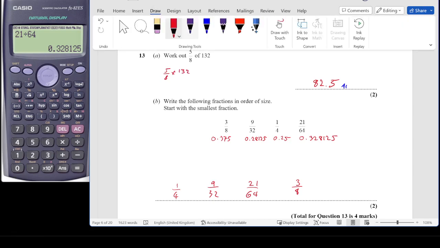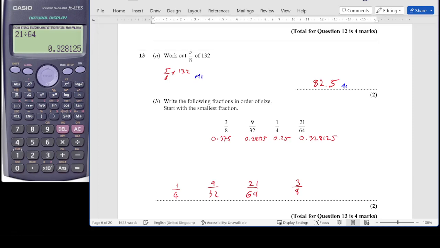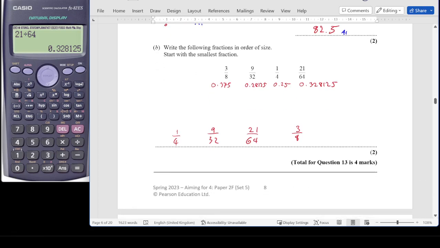And then that would get me the M1 clearer. Okay, and for part B, they're suggesting putting them all over 64, which would have been fine. I just think it's easier on a calc paper to go decimal. So I'm going to go M1 and A1.